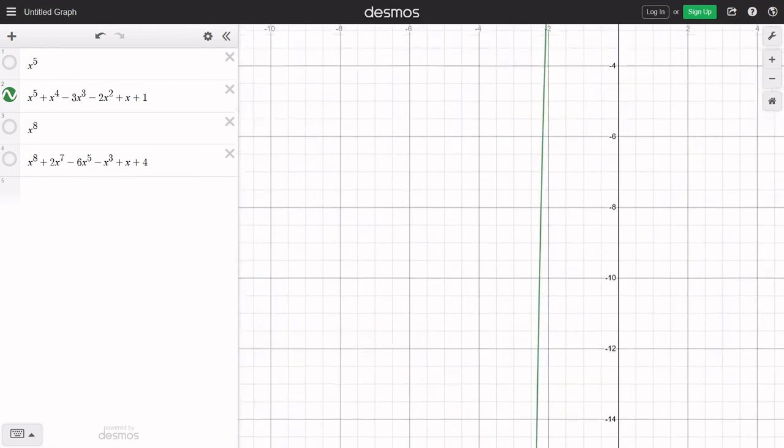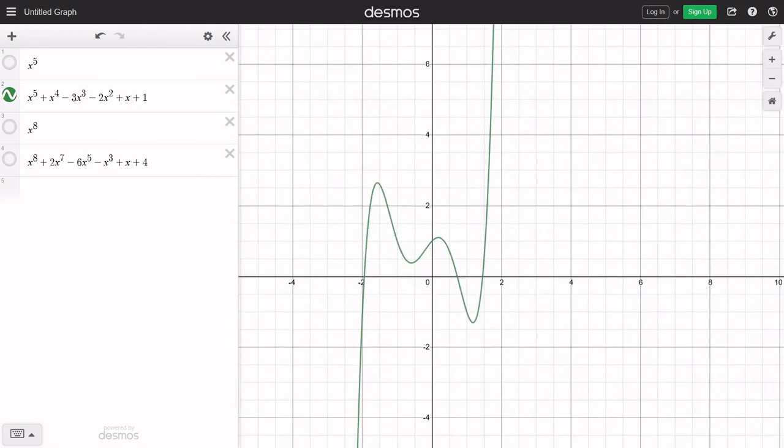We start off going up, and then we shift right here at -1.57, and then we go down, and then at -0.592 we go back up. Then at 0.183 we go down, and then we go up again at 1.179.